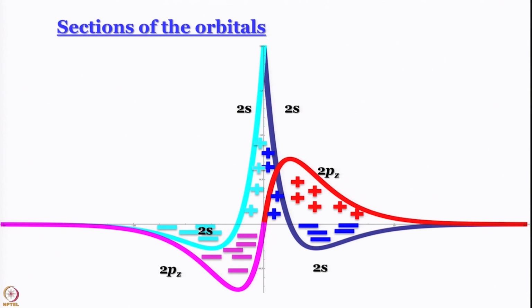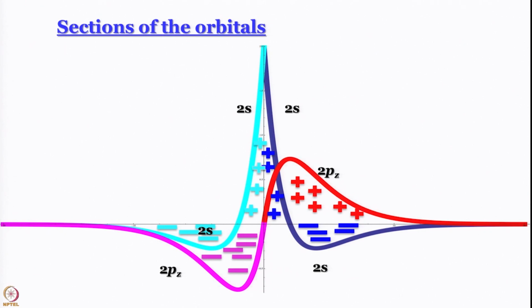If you think of a p orbital, there is equal probability this side as that side, because this side is minus, that side is plus in the wave function, and psi square d tau is the same. So, same probability, but we do not want that, we want the electron density to be on one side, so that the bond is highly directional, then we will get a strong bond.